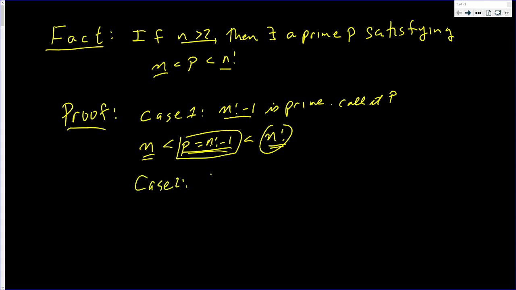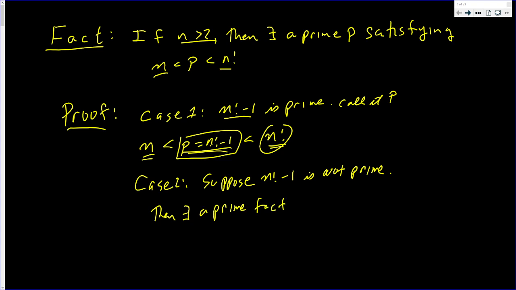Case 2. Suppose n factorial minus 1 is not prime, is composite. Then there exists a prime factor p for n factorial minus 1.